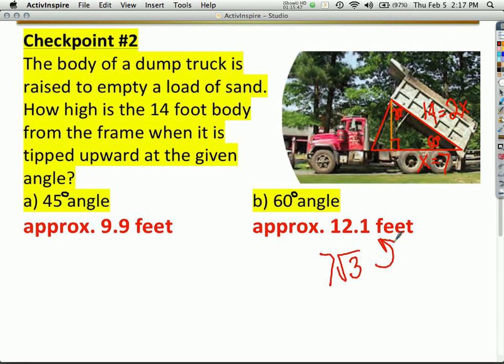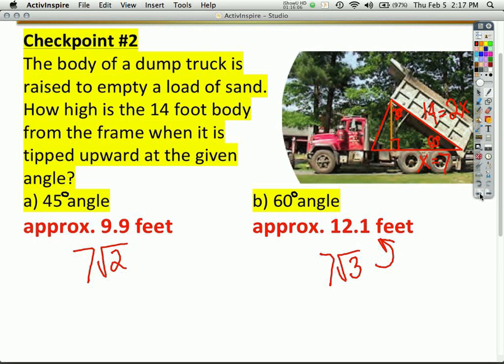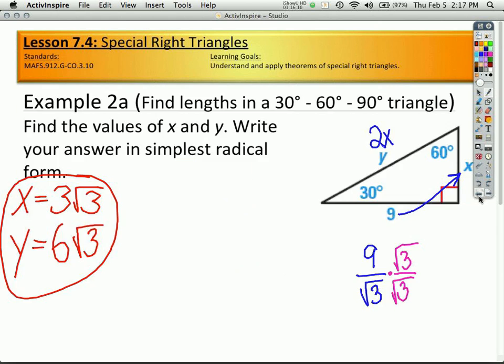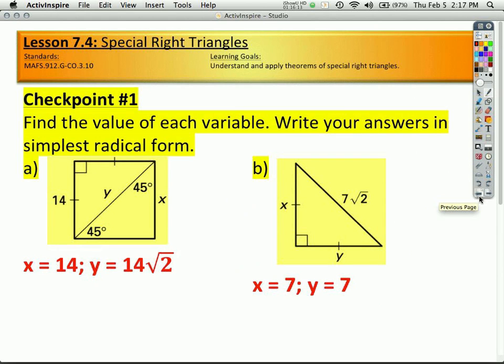Could you? So like, what's the radical like 9.9? What do you mean? Like in radical, it was 7 radical 2. And I had 9.9. The last question. Yeah? So can I get my job back? The last checkpoint? Where he had like that crazy. No. This is 7 radical 2.